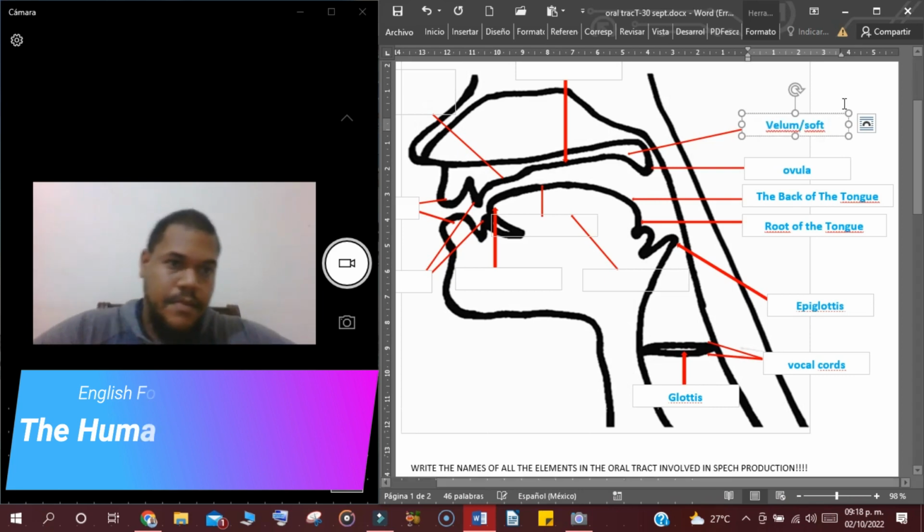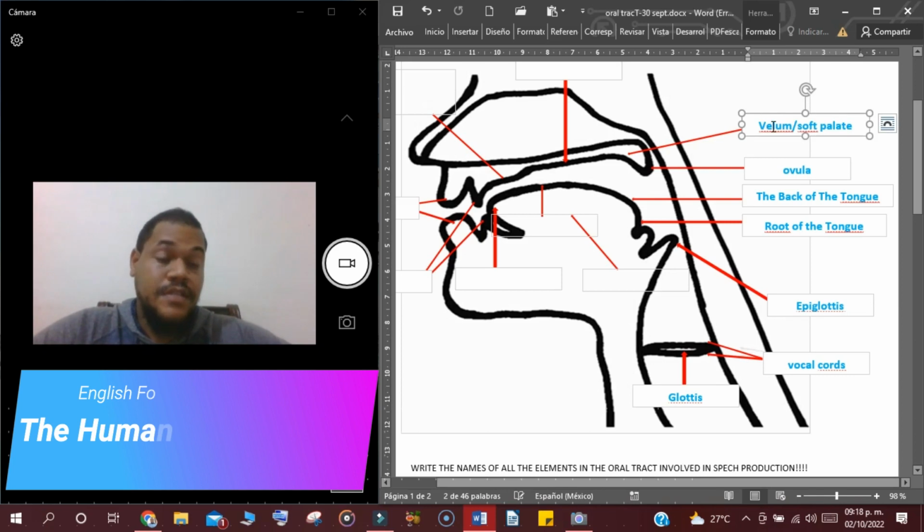So what is the function of the soft palate? It is involved in the articulation of sound, or in the process of speech sound. The velum can adopt two positions. One is lowered, that means barely open.